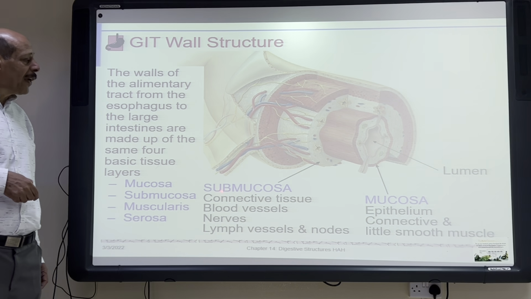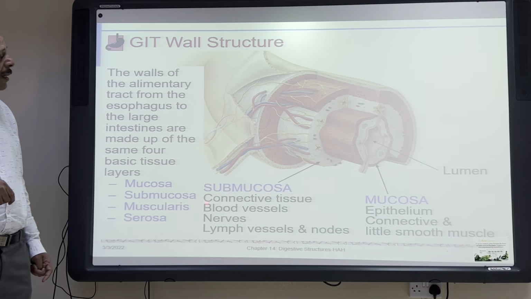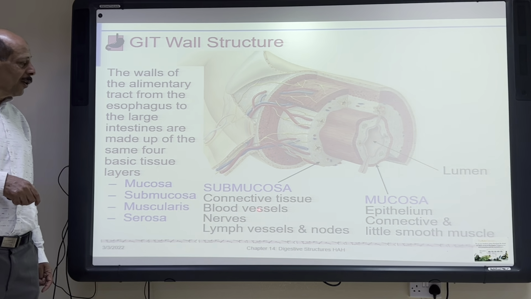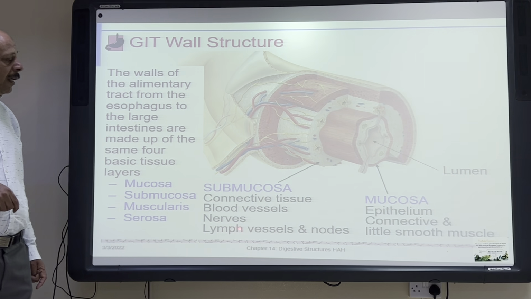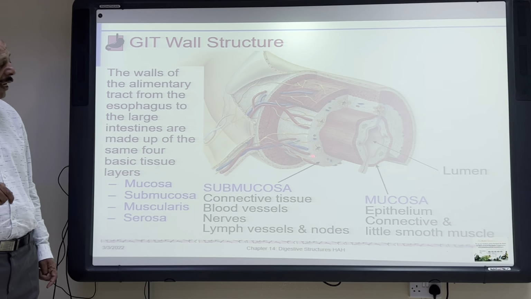Then in the submucosa, it is connective tissue, blood vessels are there also, nerves are there, and lymphatic vessels and lymph nodes are there in the submucosa.